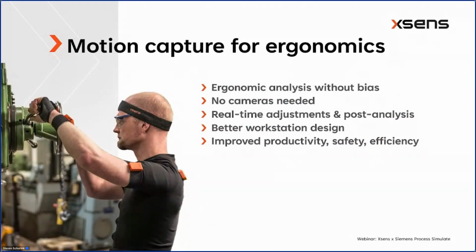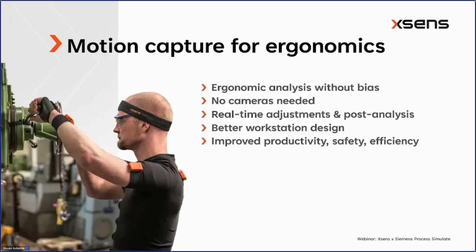Using motion capture technology for ergonomics is done quite often now. And why do people choose to use motion capture technology for ergonomics? For example, you can do your analysis without any bias. There's no person who has to say, oh, this motion is within or outside of the limits, but it's just a measurement done without bias.